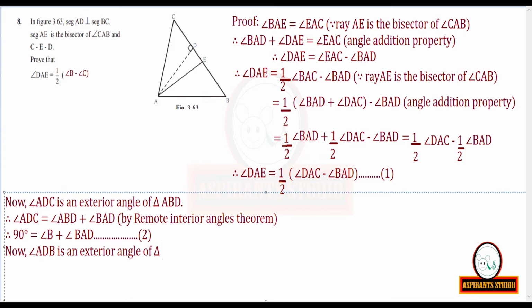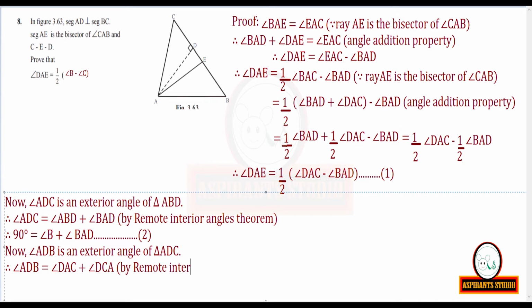Now, similarly, in triangle ADC, angle ADB is the exterior angle of this triangle. So we can again apply the same remote interior angles theorem and write measure of angle ADB is equal to measure of angle DAC plus measure of angle DCA.